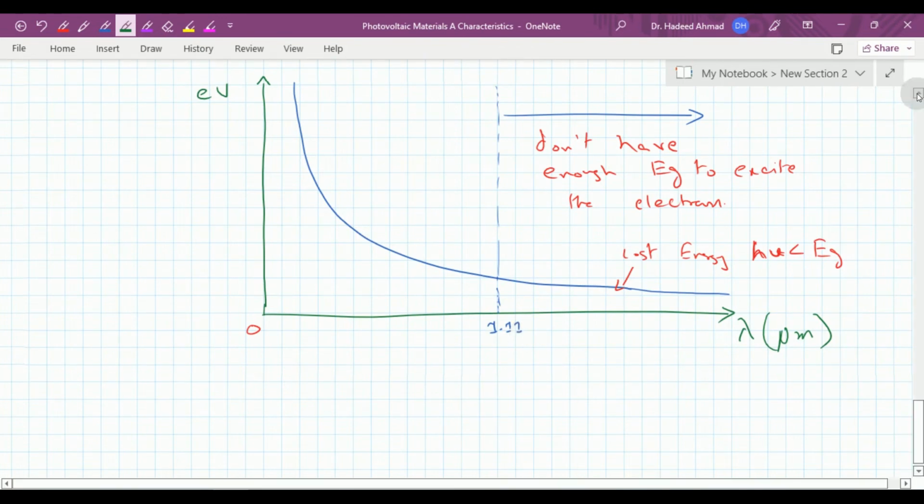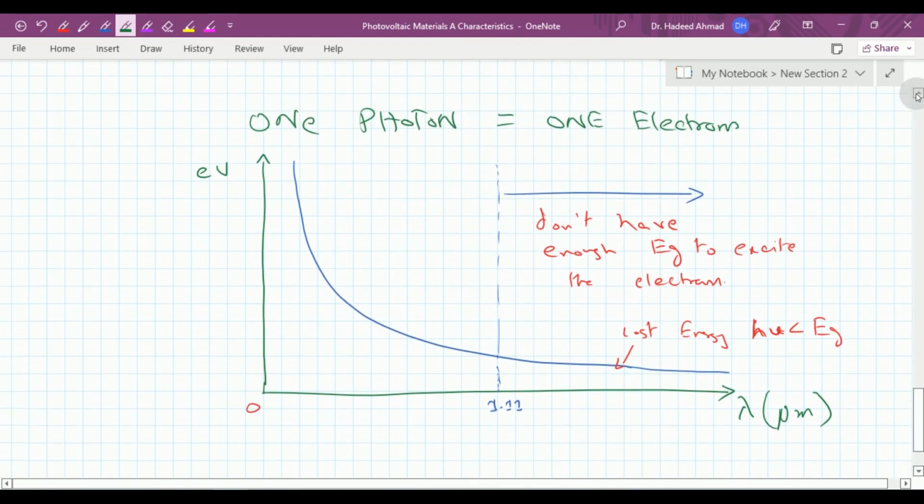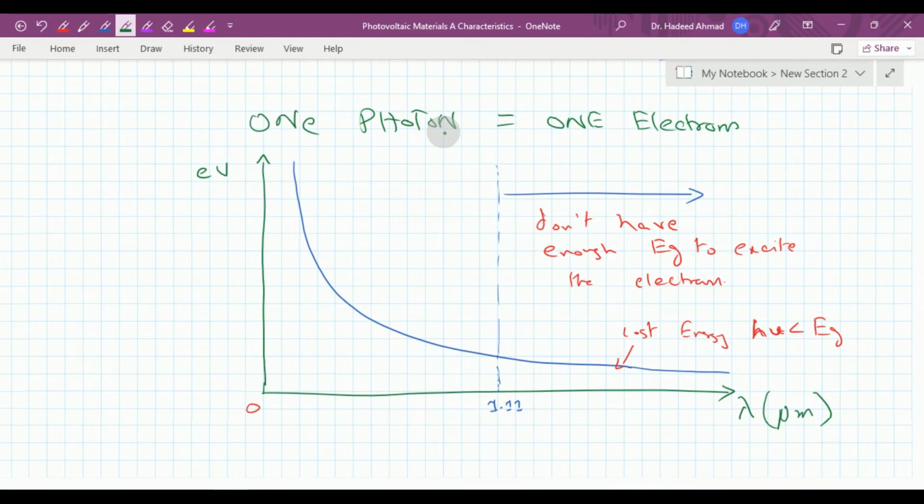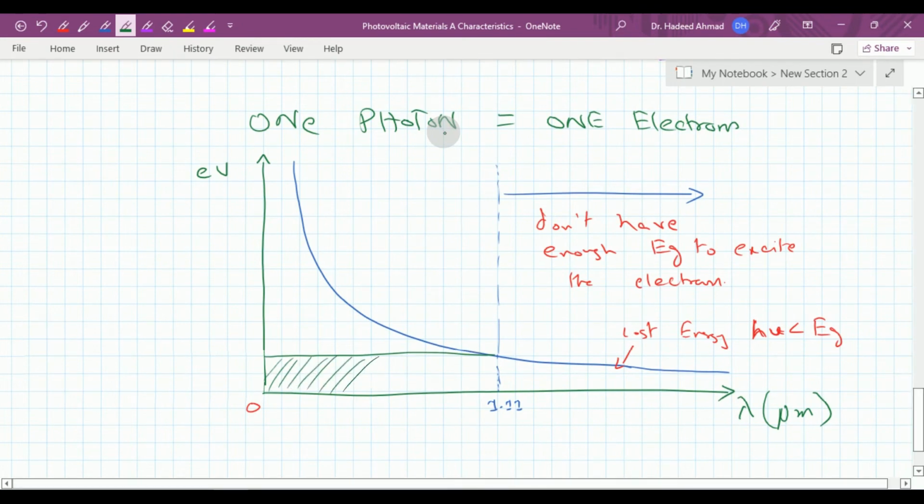But you should remember one point, that one photon can only knock out one electron, and therefore the useful energy is only this much amount of energy. This is the energy which is available here for silicon. I'm talking about silicon. It is only the usable energy.